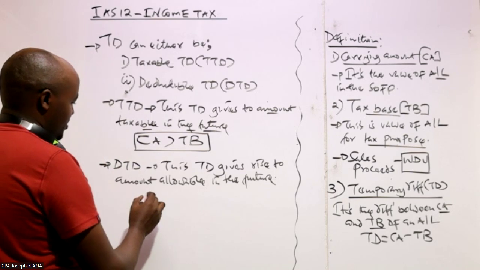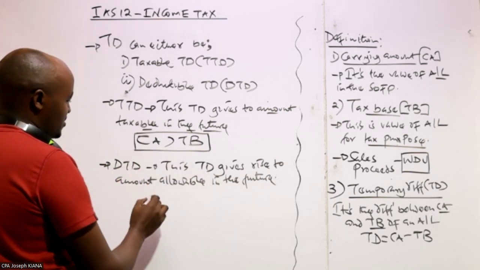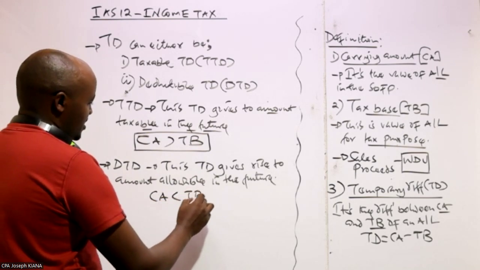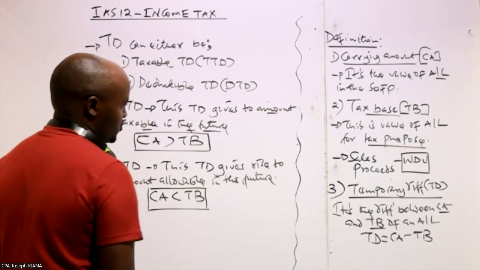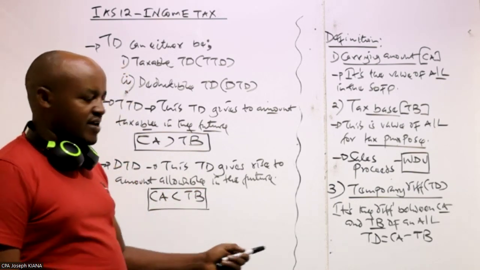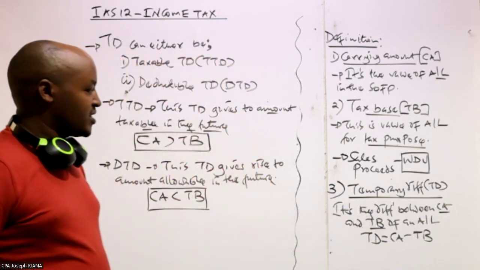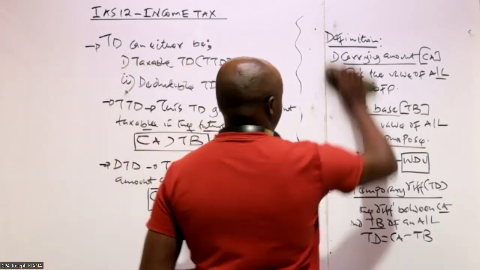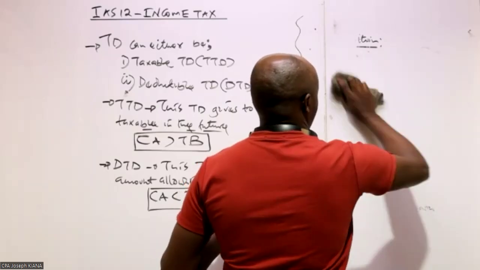And actually, a temporary difference is said to be deductible whereby the carrying amount of an asset or liability is less than the tax base. So therefore, it is important to note here that we have those two types of temporary differences, the taxable temporary difference and the deductible temporary difference. So that was the other term number 3.